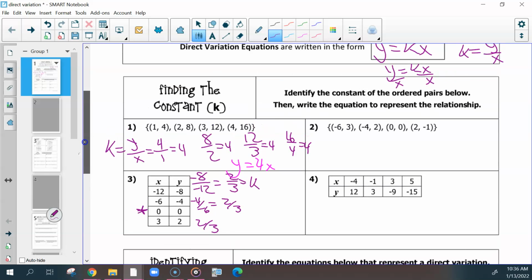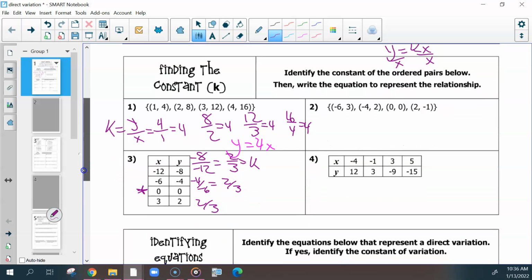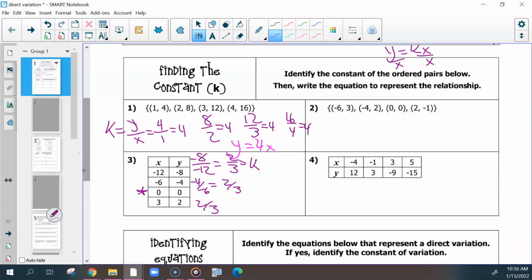And I'm going to go back and look at the equation. If this were like your slope-intercept form, what would your y-intercept be? B. And what is your b in this case, in the original equation? 0. So for direct variation equations, it has to go through 0.